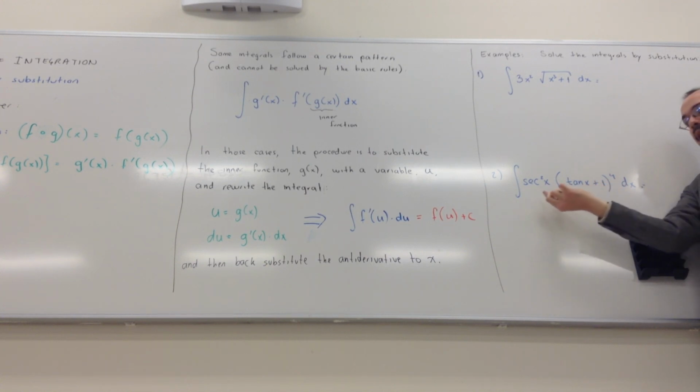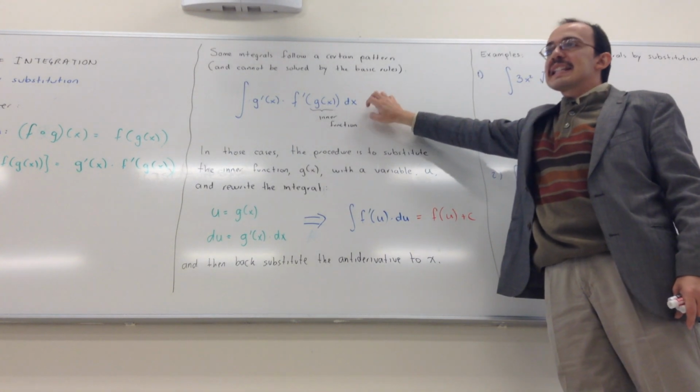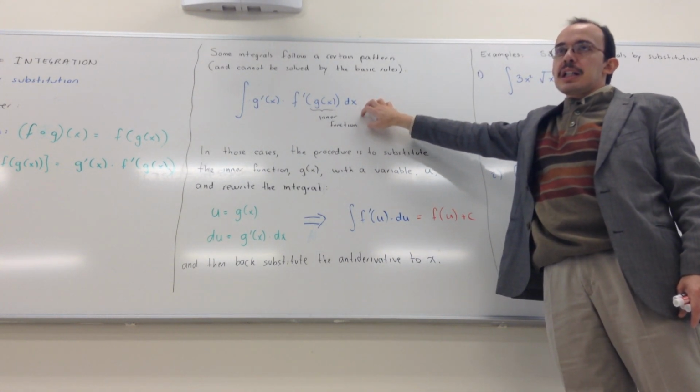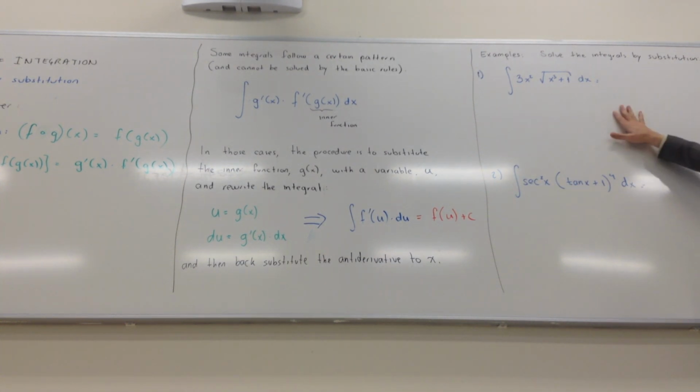Secant squared of x. Is it there? Yes, it is. So those two, for example, fall into this pattern. That's the observation part. That's the first step to do. Observe if this can be done like that. For that, you need to find the derivatives mentally.